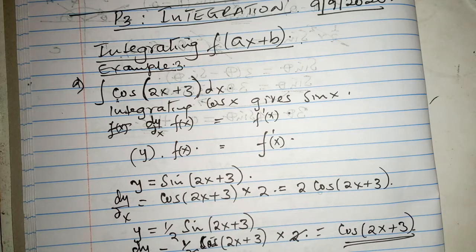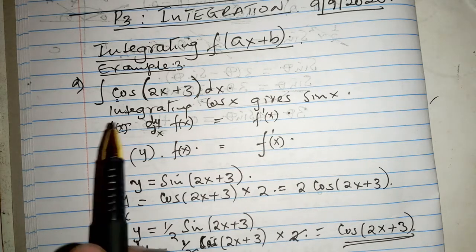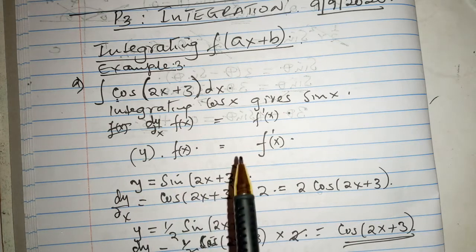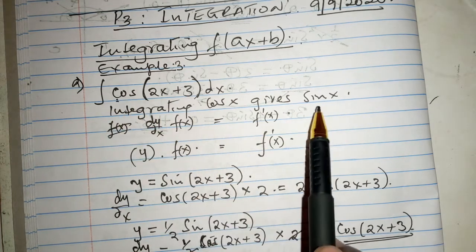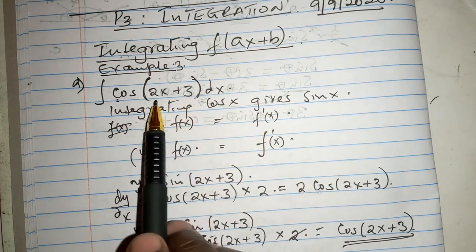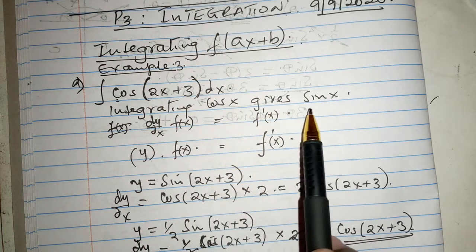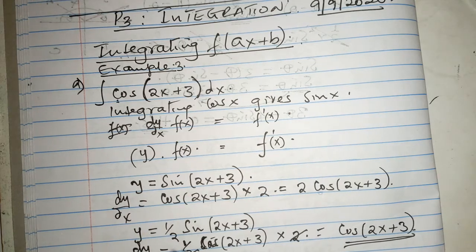I want to repeat that step before I go further to part B and part C. If we are expected to integrate the cosine of 2x plus 3, we expect something to do with sine. If the whole bracket were just x, the integral of cos x would give us sine x.